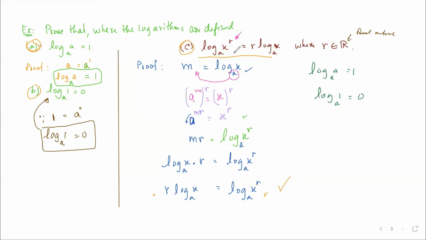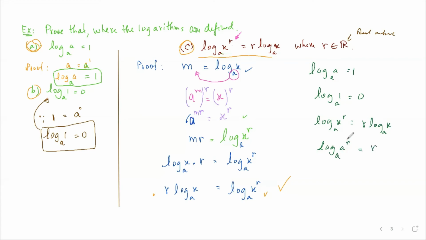And this one is the index form: log x power r base a equals r log x base a. Then we have another one, log a power r base a, equal to r.